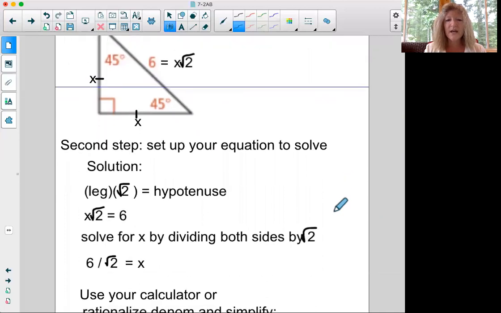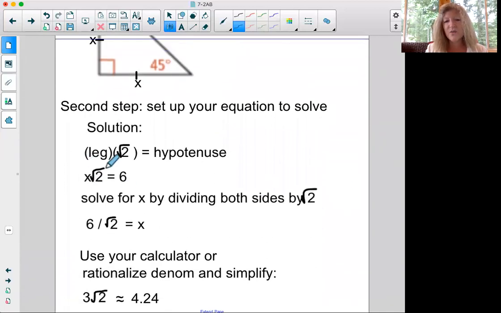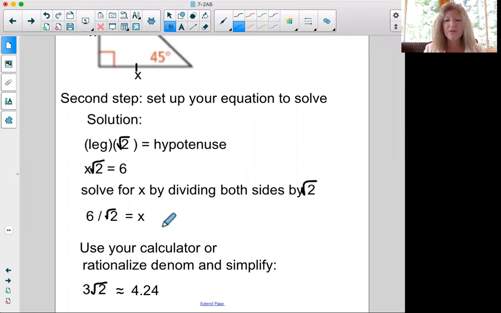We can solve this equation for x by dividing both sides by root 2. And then when we do that, 6 divided by root 2, you can use your calculator, and you'll get 3 root 2, or you can get a decimal approximation, 4.24. And I don't care which form you put the number in, radical or decimal. It's fine either way.